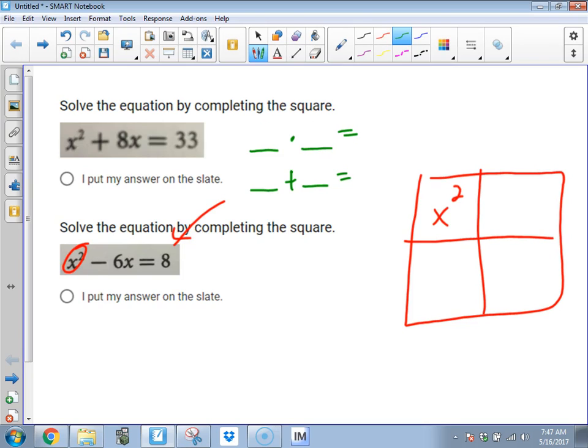That's negative 6x. Notice that it's a negative, and that's important. Because it's a box, that's a square. What two numbers that are the same would add to negative 6x? Negative 3x and negative 3x.